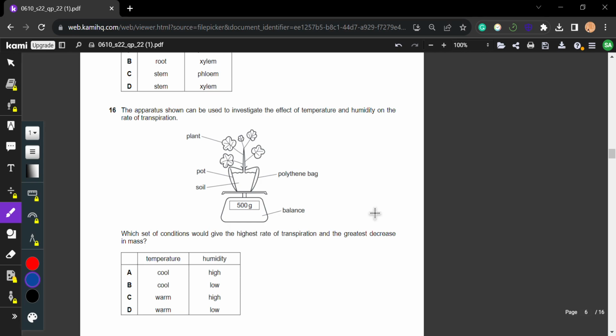Greatest decrease in mass happens when there's greatest transpiration. So humidity should be low. Why is this? Humidity means the water content in the air. If there's a lower water content in the air than the plant, there's a higher diffusion gradient or concentration gradient. So water molecules are able to move easily from the plant to the air. As simple as that.